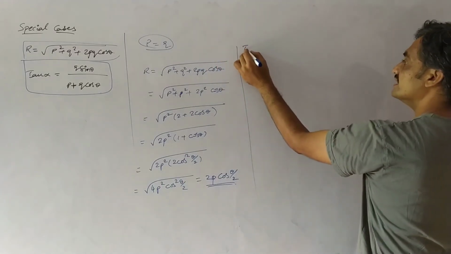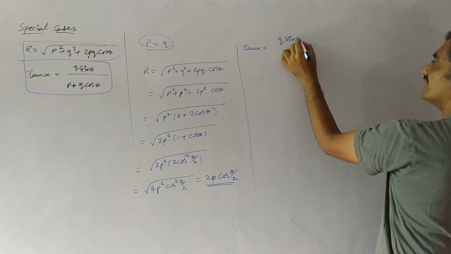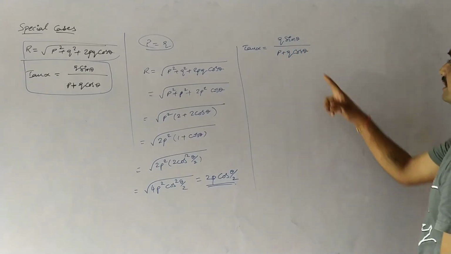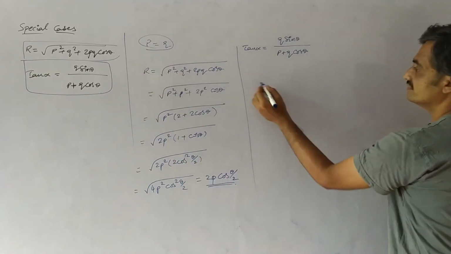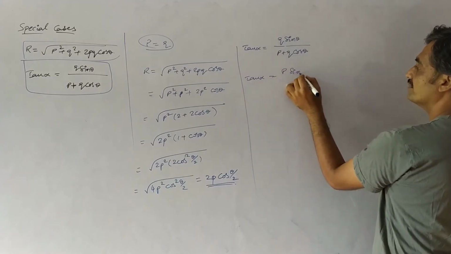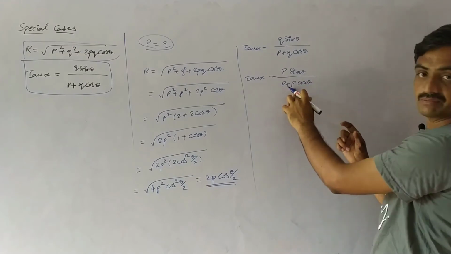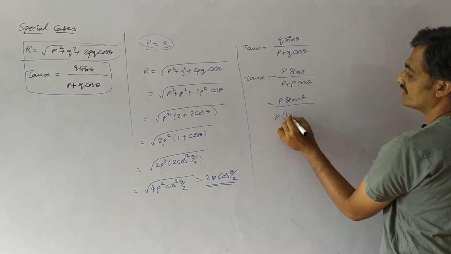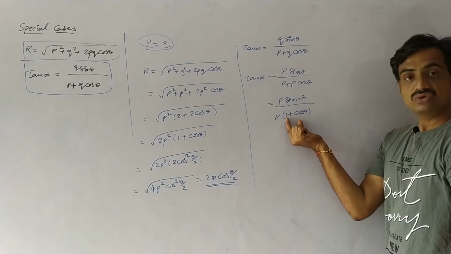Now the direction in this case is given as tan alpha equals Q sin theta by P plus Q cos theta. Once again I substitute P in place of Q. Then we have tan alpha equals P sin theta by P plus P cos theta. We can take P as common, so we have P sin theta by P into (1 plus cos theta), where 1 plus cos theta can be represented as 2 cos square theta by 2.